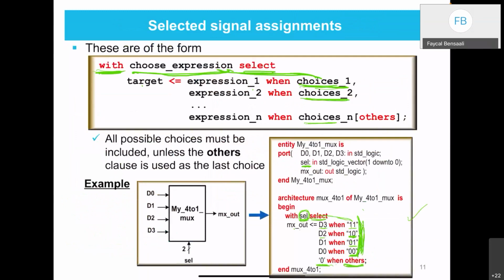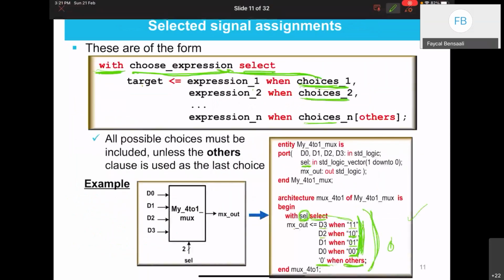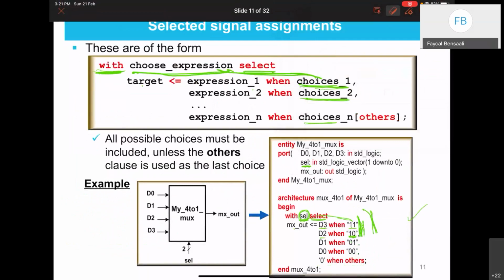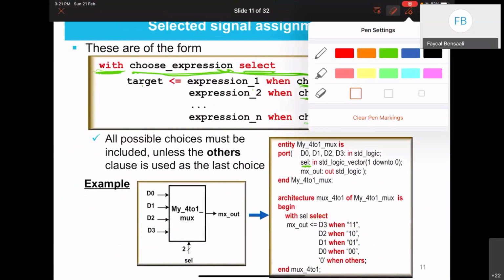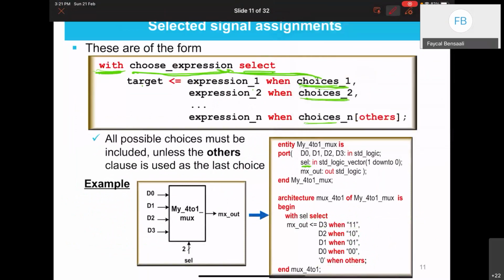Here, this is one statement. It starts from here, and it's very important to understand this. All of this is one statement. It starts from here and ends here with the semicolon.